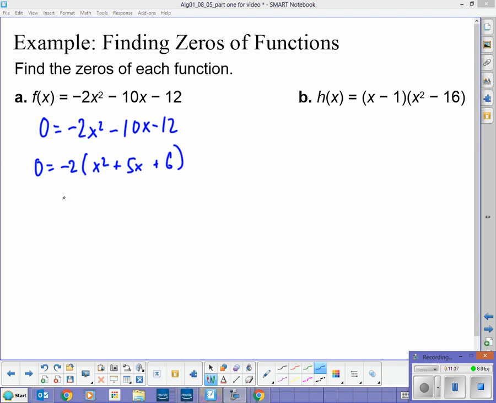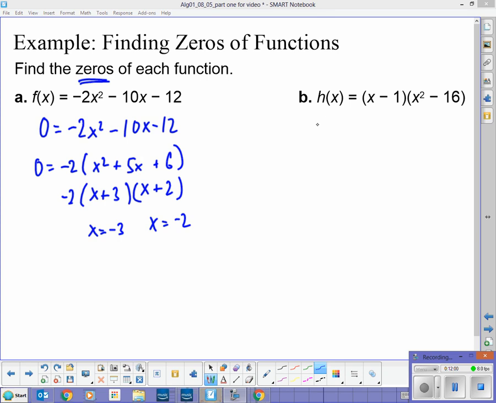So when I factor this out, these are these binomial factors we were just looking at. We've been doing these already. x plus 3 and x plus 2. So the zeros here are x equals negative 3 and x equals negative 2. Same exact thing we did before, except now we're just calling them zeros, not solutions.